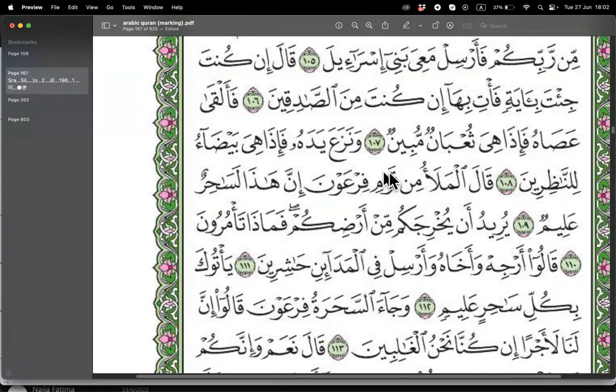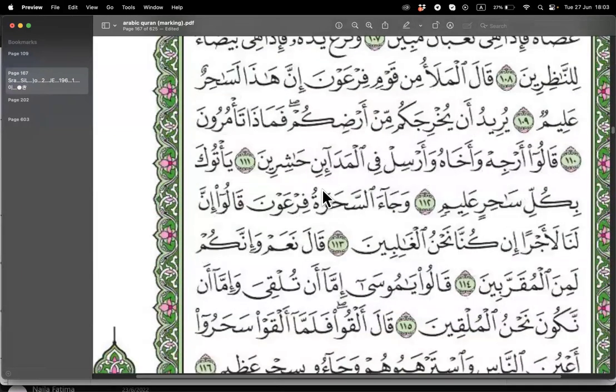What about this one? Fir'auna. Fir'auna is ending sound, because there is no auna sound. There's una and ina, not auna. We have ani and aini, but not auna. Good.